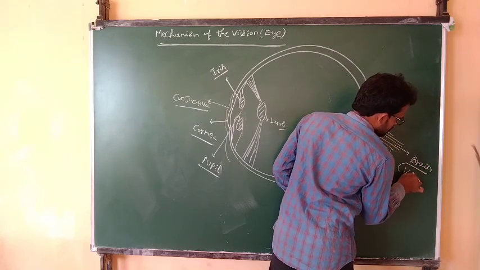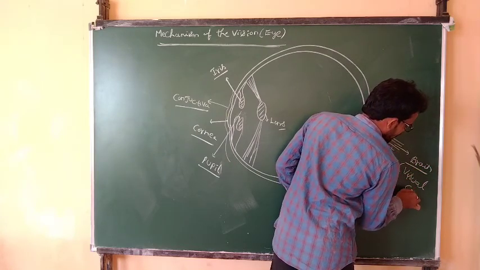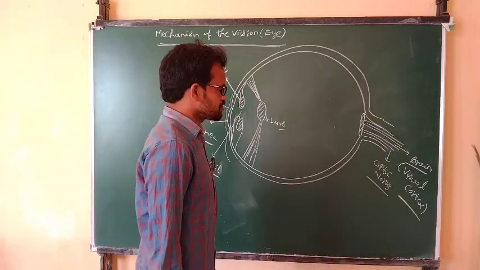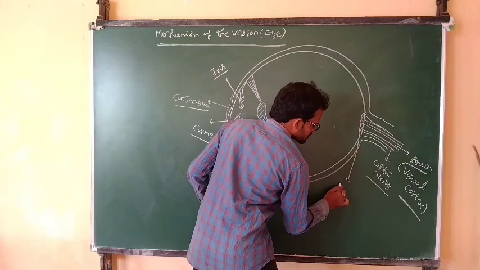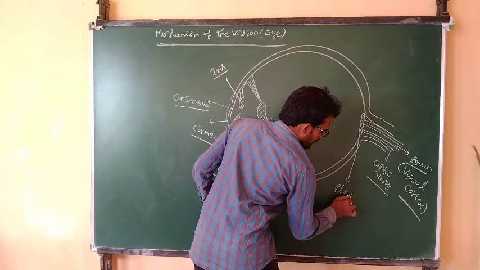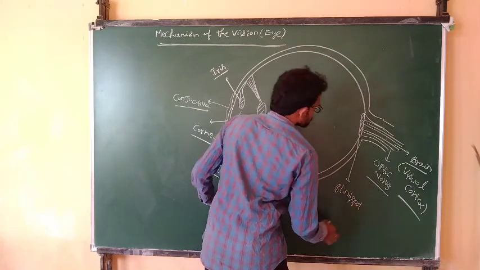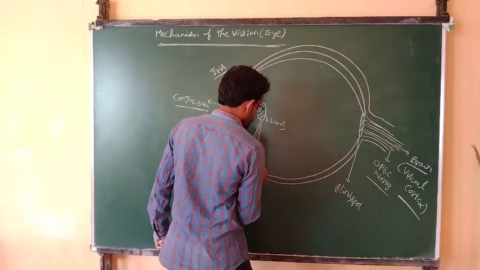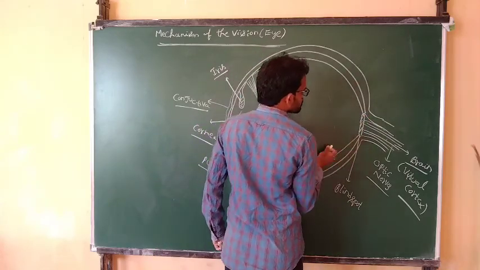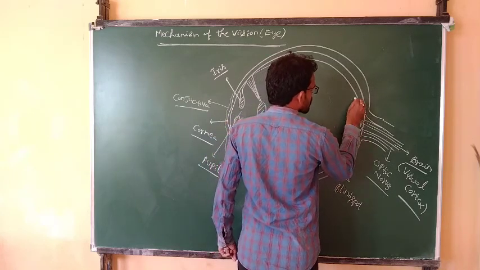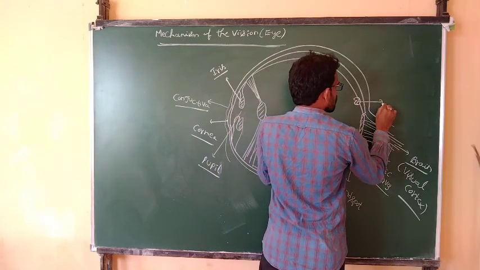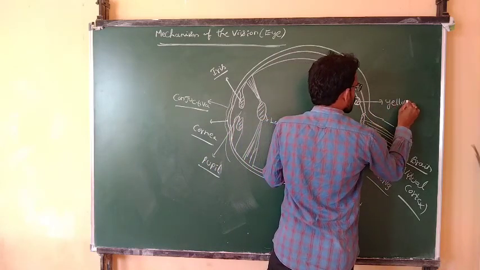It goes to the visual cortex. This is the blind spot. This is the yellow spot.